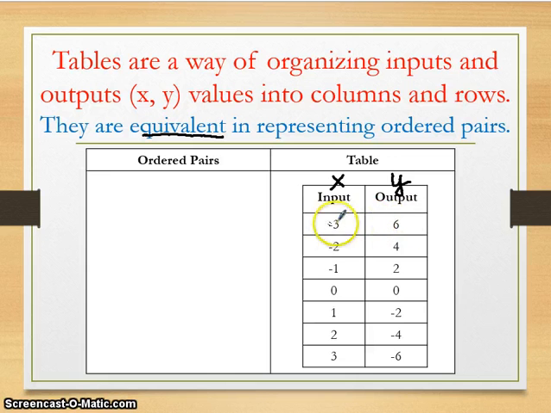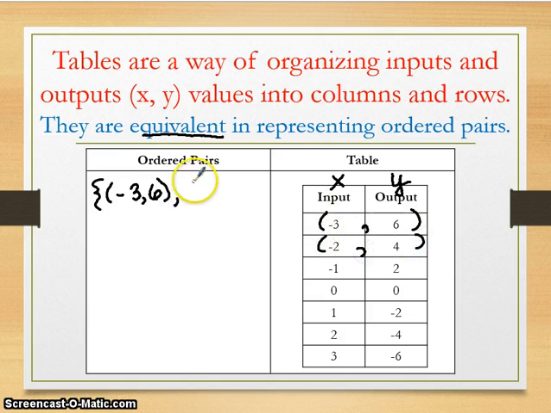So this row of the table literally means -3, 6. So if we start listing them, we'd say that is the ordered pair -3, 6. This is the ordered pair -2, 4. This is the ordered pair -1, 2.